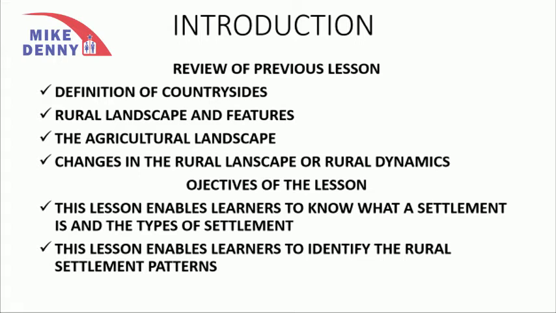It also reminds us that you have to identify the various settlement patterns. So I expect that by the end of this lesson, you should tell me what you understand by a settlement, you should give me the types of settlement, and you should identify the various rural settlement patterns.